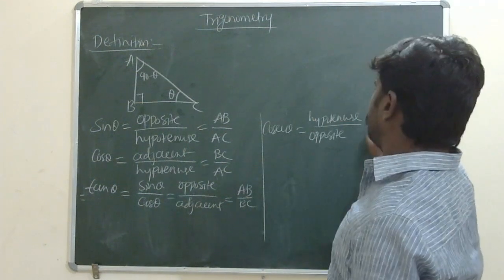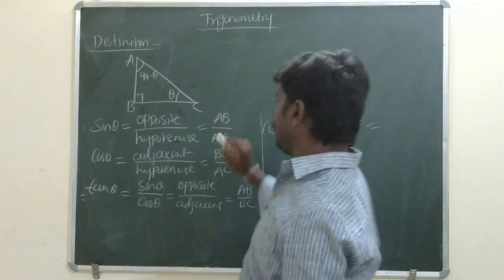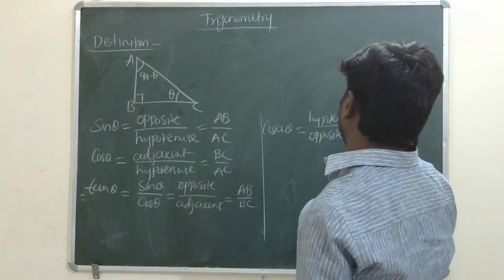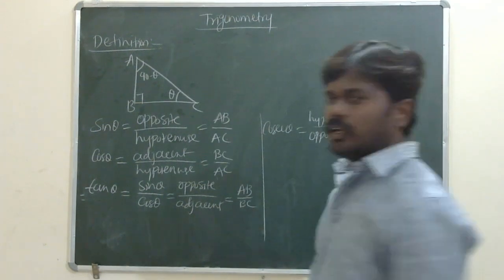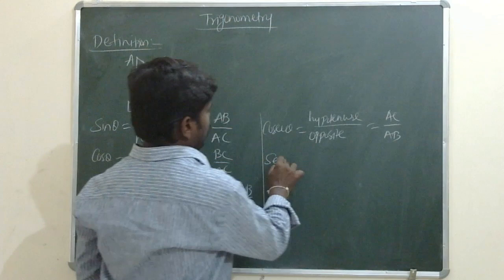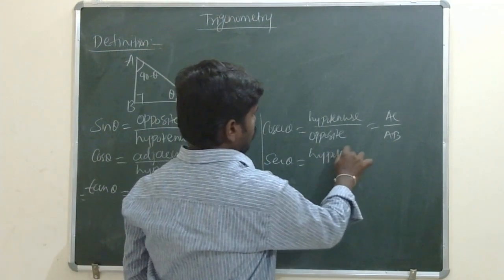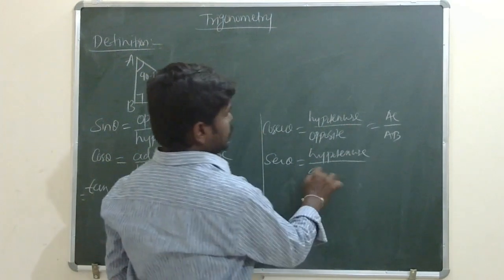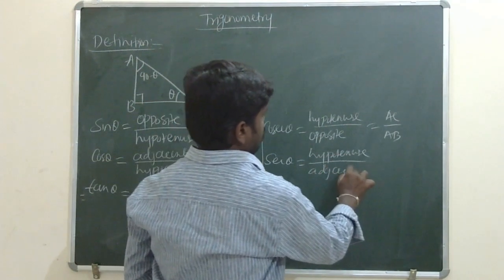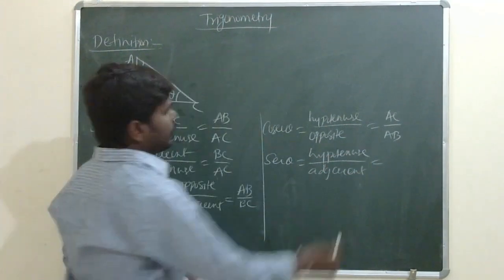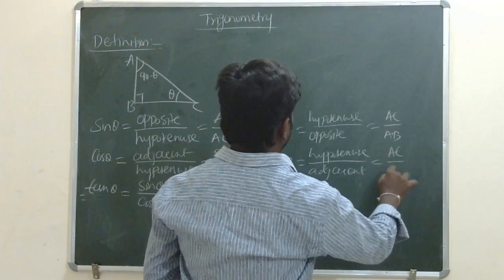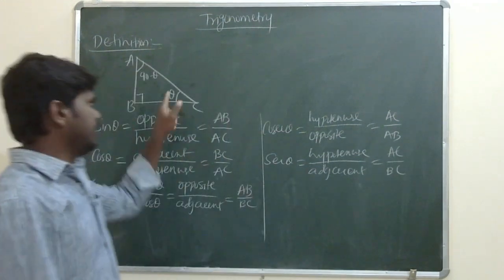So here opposite side is AB and hypotenuse is AC, so that here AC by AB. Next secant theta. So secant theta means here hypotenuse by adjacent. So here hypotenuse is AC and adjacent is BC with respect to the angle theta.